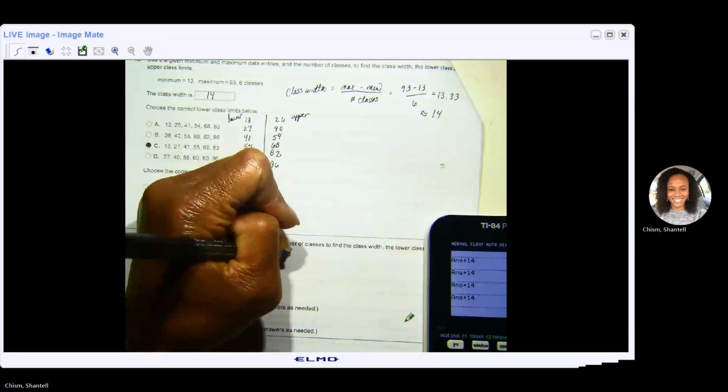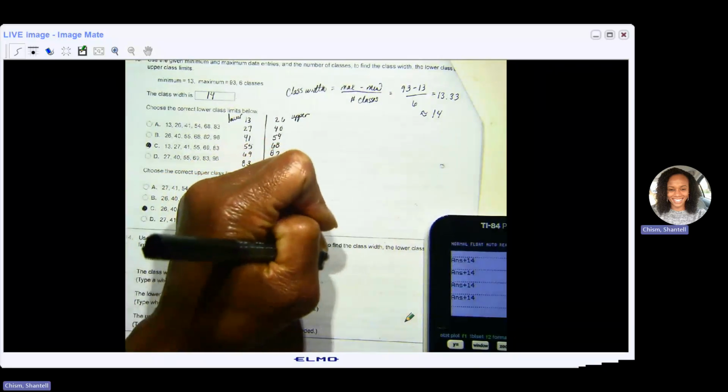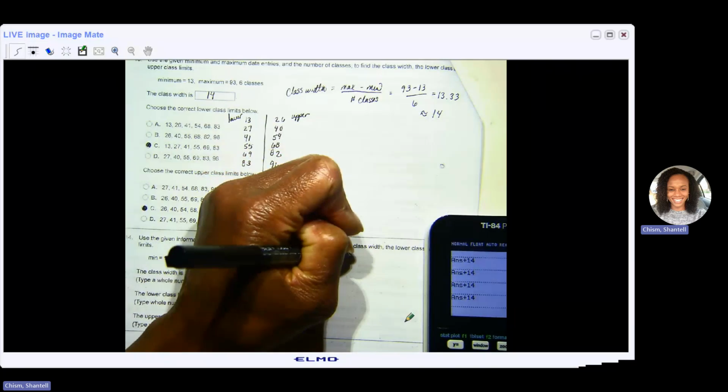14, it looks like we're doing basically this again. The only difference is they don't give us the max, but they give us the range. Okay, so if they gave me the max, I would literally just say class width is max minus the min divided by the number of classes.